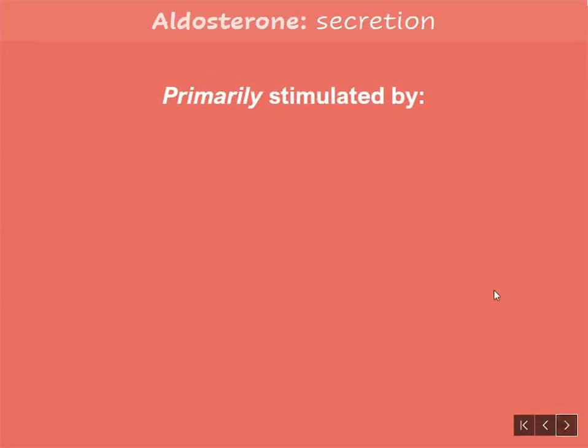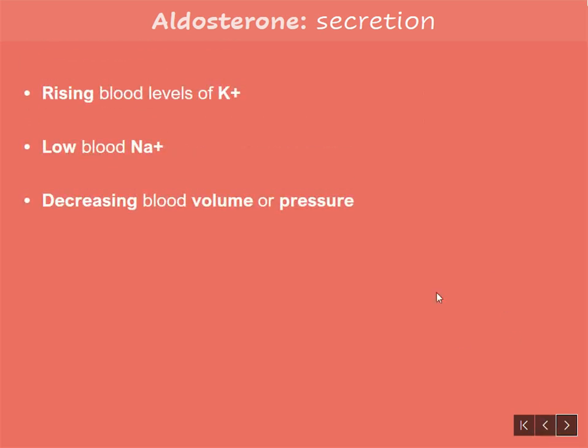If we look at some of the primary stimuli that cause the secretion of aldosterone, basically the stimulus would be changes in potassium levels, changes in sodium levels, and changes in blood volume or blood pressure. Specifically, because aldosterone aims to decrease potassium, the stimulus for release would be increased blood levels of potassium.